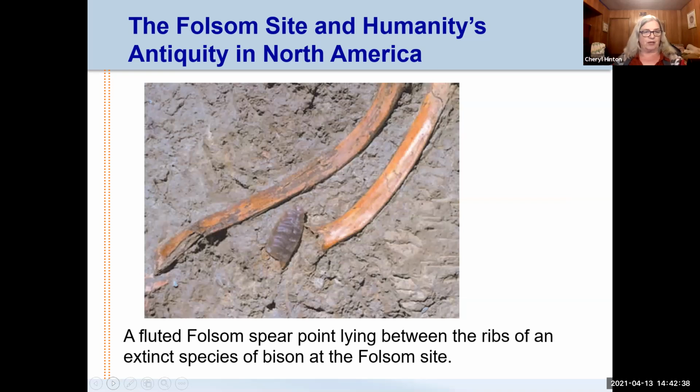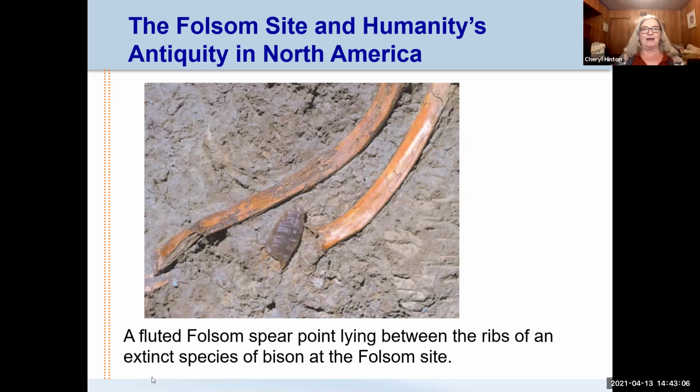George McJunkin found a fluted point, it wasn't this particular one, and tried to draw the attention of scientists to this area. And just by way of history and Black history, George McJunkin was a Black man who was really interested in the area he was living in, and pursued a lot of scientific exploration on his own.